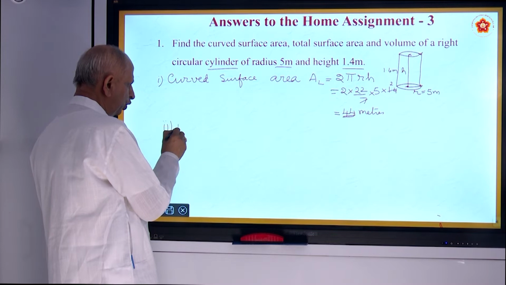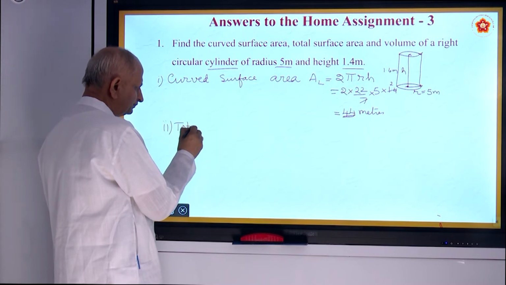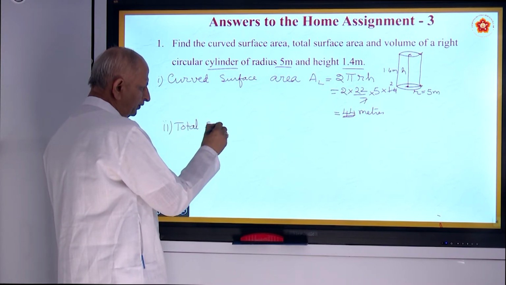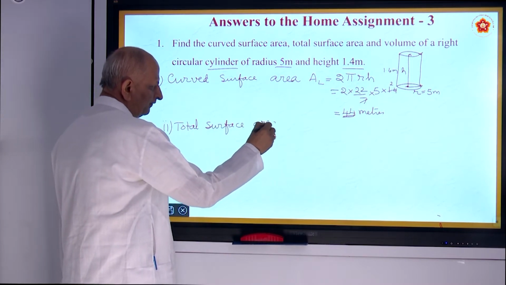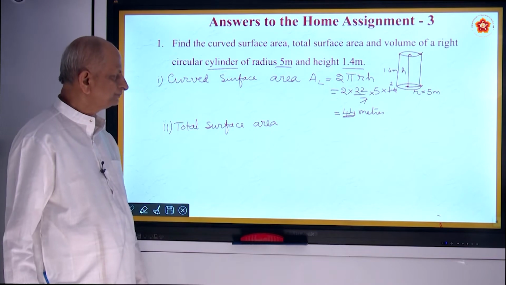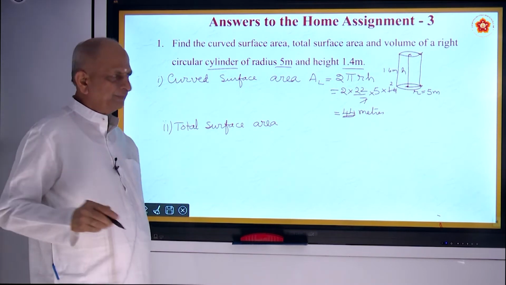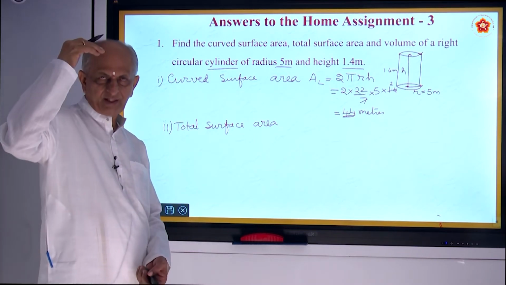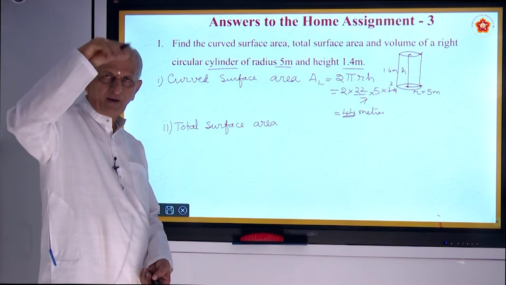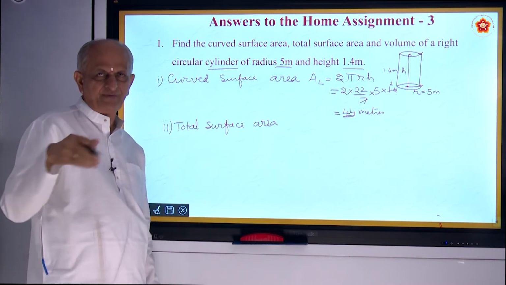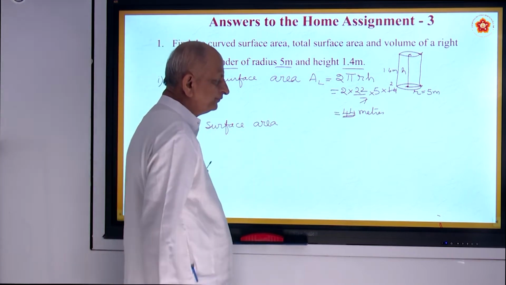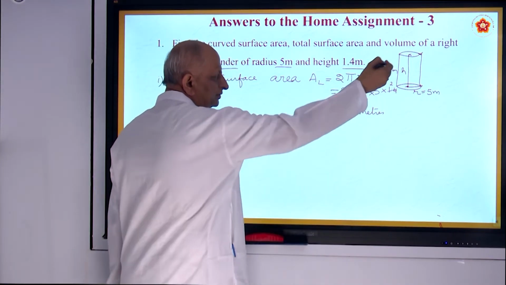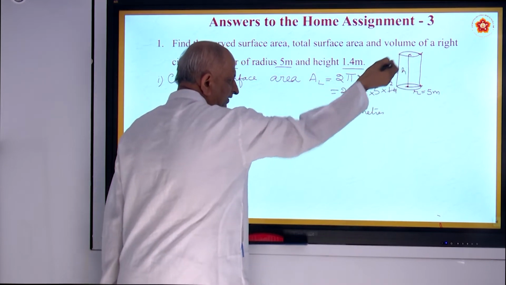Second one is total surface area. What do you mean by total surface area? Total surface area includes the area of the base, the area of the top, and the area of the curved surface. Now curved surface you already found out. So you have to add the area of the base and the top.